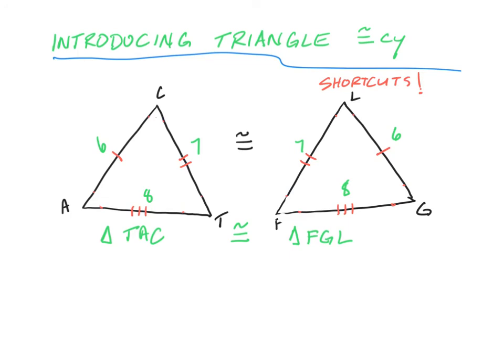Our shortcut is that we only have 3 pieces now. We have 3 sides, and the 3 sides are all you would need in order to prove that these triangles are congruent. And with 3 sides, the shortcut is called side, side, side.